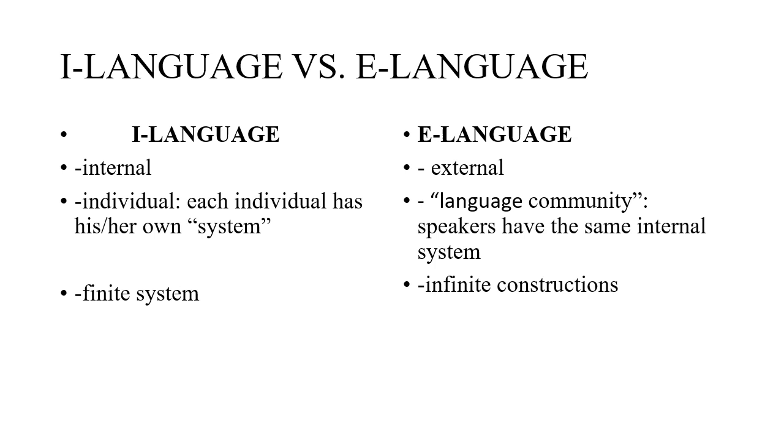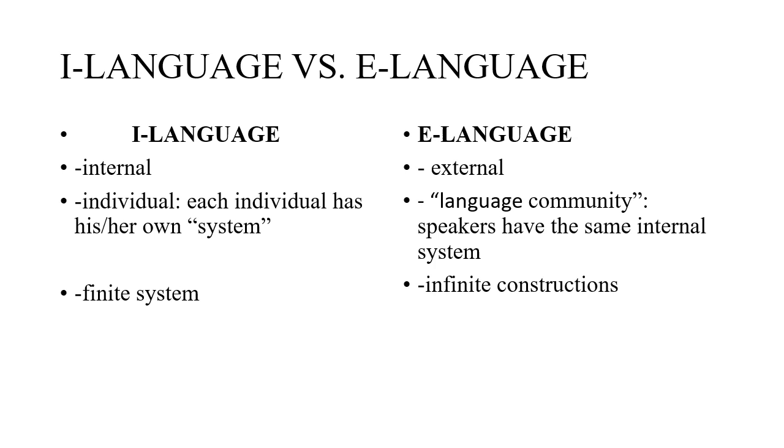You can say, I love apples and oranges. And then another person can say, I love apples, oranges, and bananas. So notice that we can go on and on and on, and we are never going to finish collecting data because our data is going to be infinite. So E language is actually infinite.